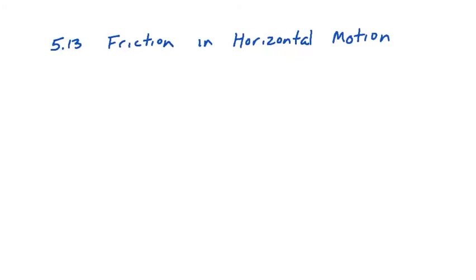Slide 13 is a problem entitled Friction in Horizontal Motion. It reads, you want to move a crate that has a weight of 500 newtons across a level floor. To start the crate moving, you have to push with a force of 230 newtons. So F static equals 230 newtons.